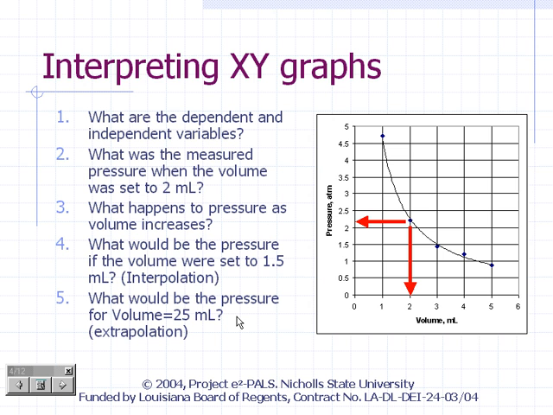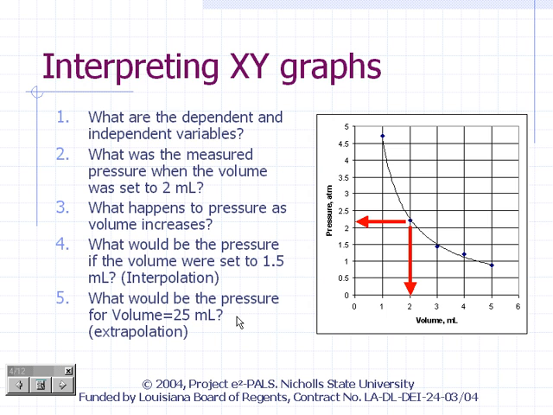Question 4. What would the pressure be if the volume were set at 1.5 milliliters? Drawing a trend line through your data makes it easy to make predictions. For example, none of the points shown in the example graph correspond to 1.5 milliliters. This means an experimental measurement of pressure with the volume set at 1.5 milliliters was not done.